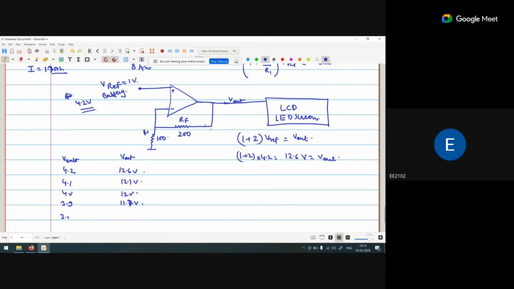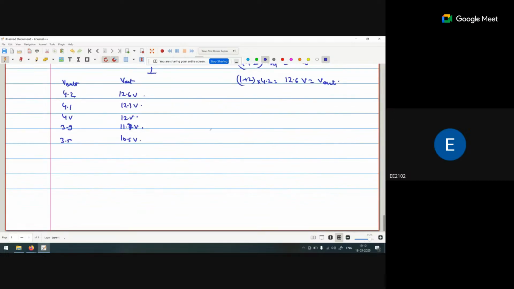If it is 3.5, we are getting 10.54. If it is 3 volt, we are getting 9. But if we get a 2.94 volt value, we are getting 8.7 volt.